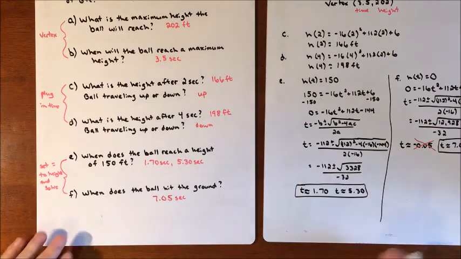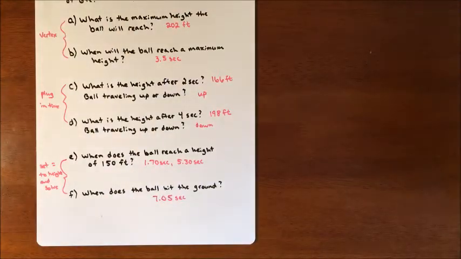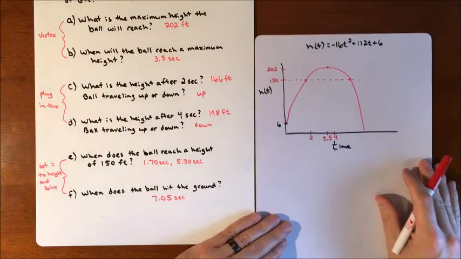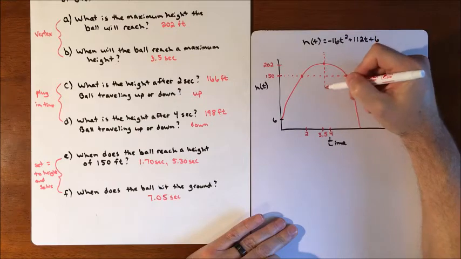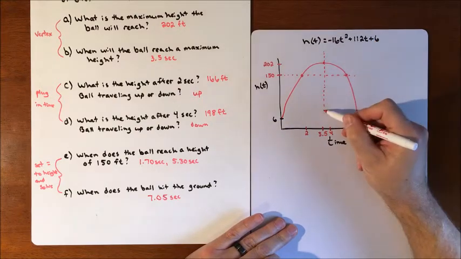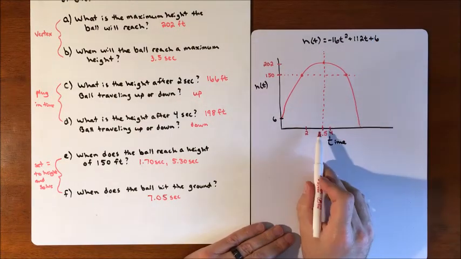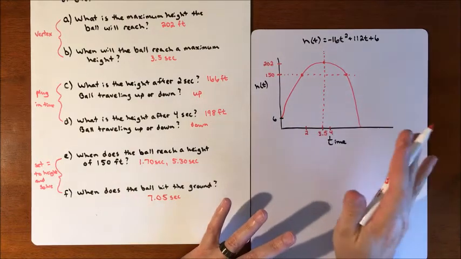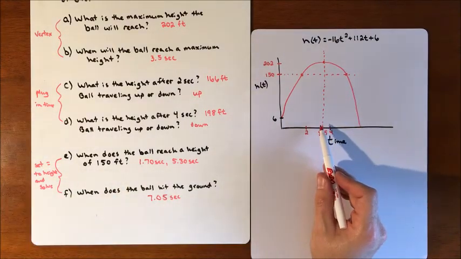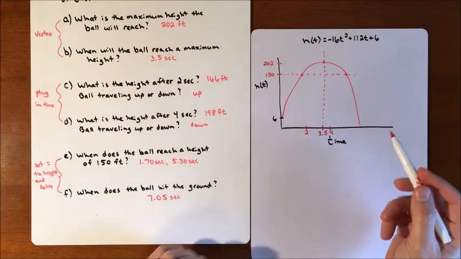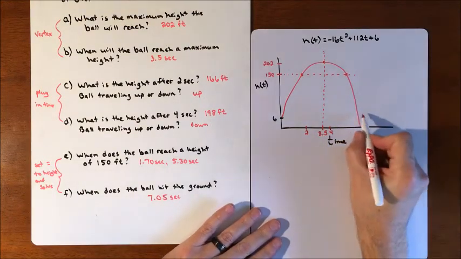All right. So the visual. Visual is this. It took us exactly 3.5 seconds to reach the maximum. So the quadratic is symmetrical, so it should take at least 3.5 seconds to come back down. If it takes 3.5 to go up, it should take 3.5 to come back down.